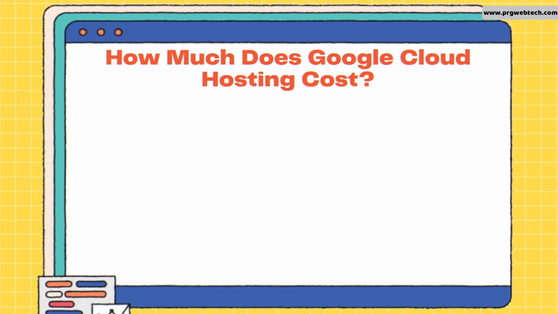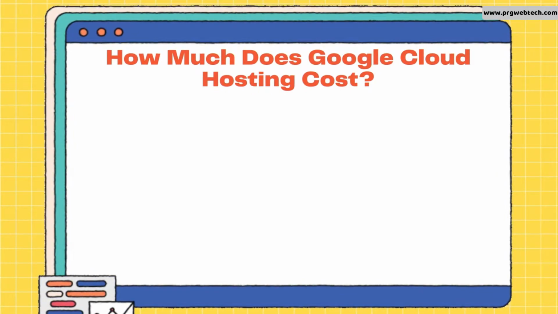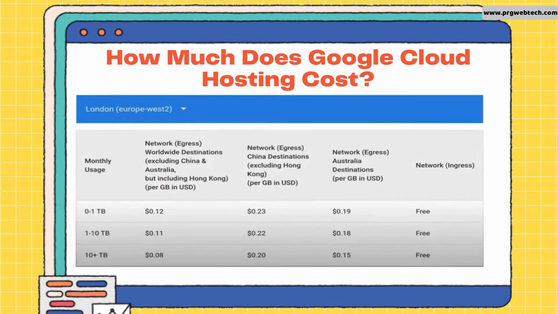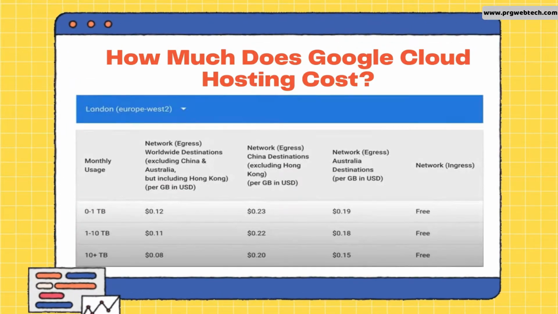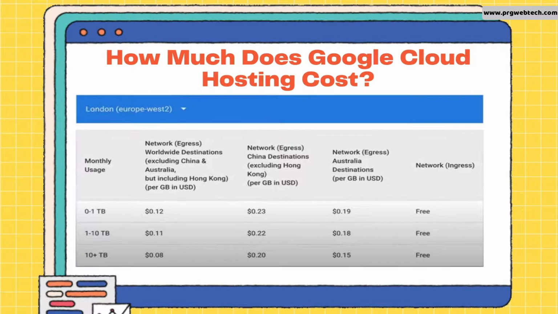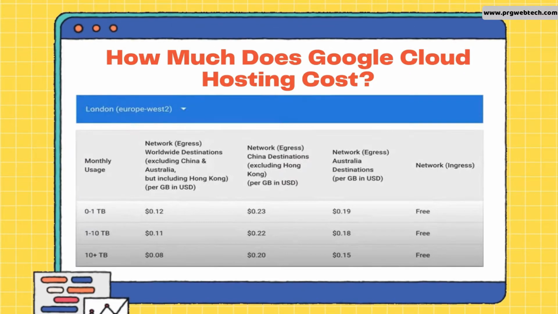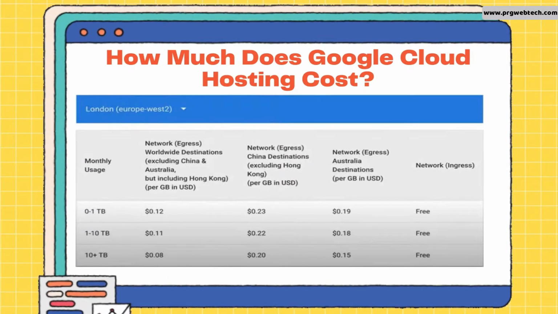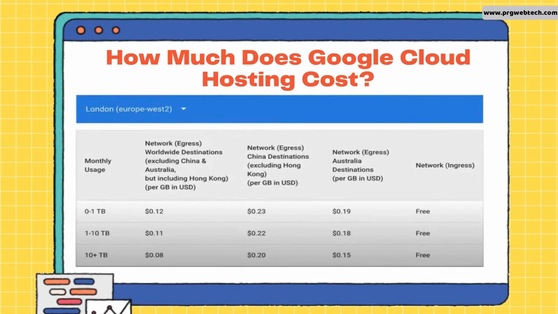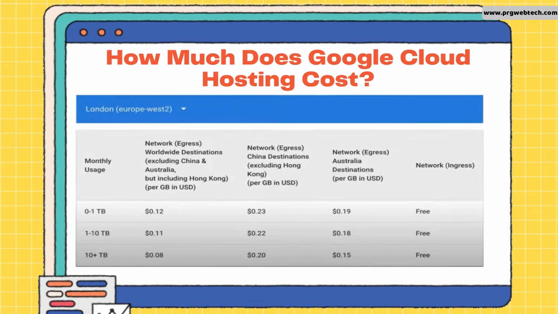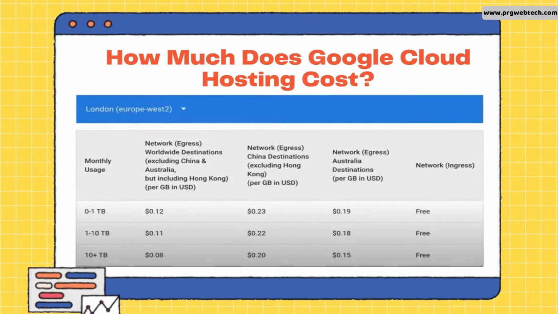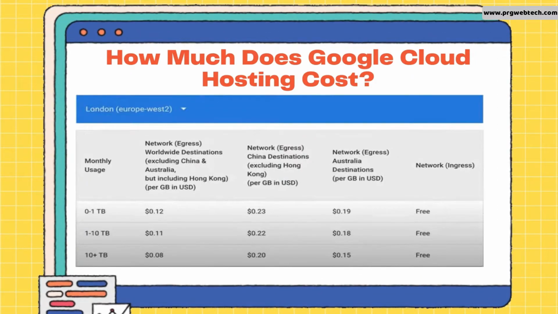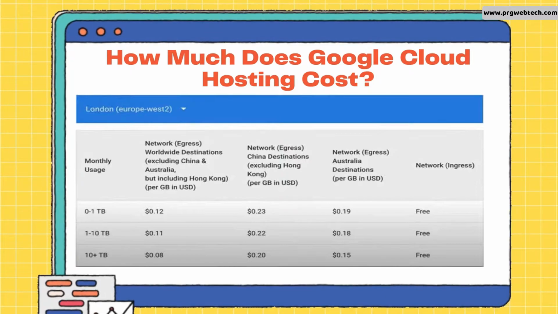How much does Google Cloud hosting cost? Google Cloud hosting prices depend on how much monthly data you use, where your server is located, and where the data is going. There are different prices. For example, if your server is located anywhere within the Americas, Europe, or East Asia, your first terabyte of data that goes anywhere in the world except Australia and China is charged at a rate of 12 cents per gigabyte.